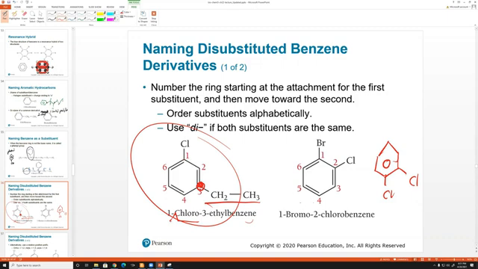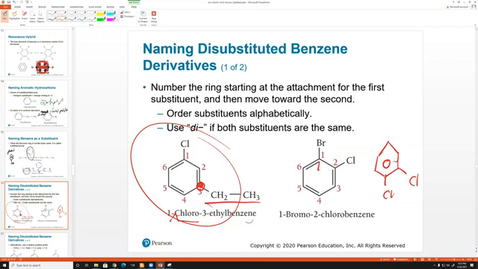I feel like it's going to be easier to go from names to structures than structures to names, because the name outlines it for you perfectly. So the next one, chloro comes first because of alphabetical order. It's always alphabetical order. Now in the next one, chloro does not come first because it's second in alphabetical order next to bromo.